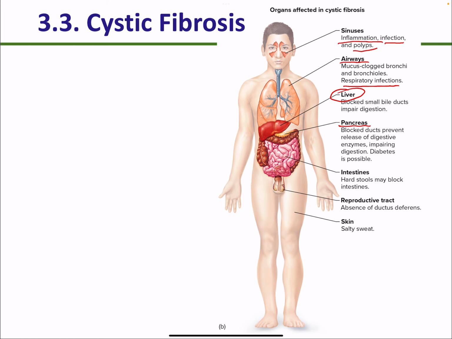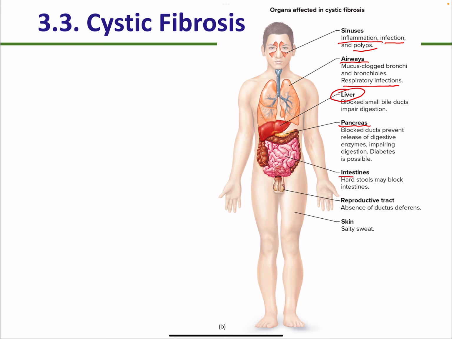Insulin decreases the amount of sugar in the blood, while glucagon increases it. Now, if the pancreas is not producing or releasing these hormones because of the ducts that are blocked, now we have an issue, right?